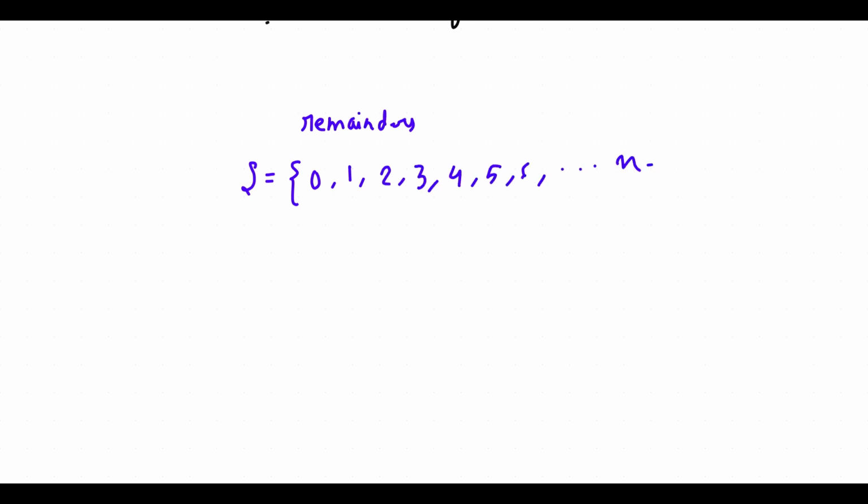That is very obvious, because they cannot repeat themselves, as they are smaller than n. So they are unique. So it's remainders 0, 1, 2, 3, 4, 5, 6 till n minus 1, right? I thought you were going to list them all.